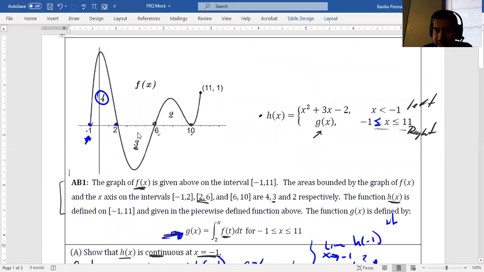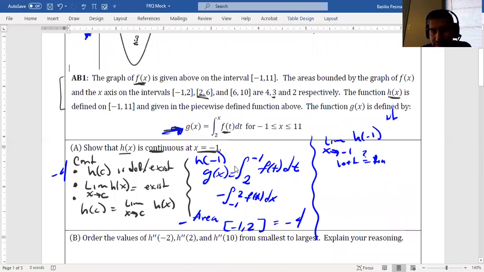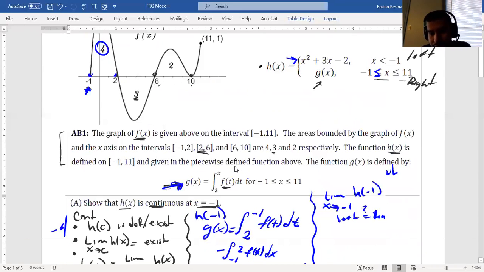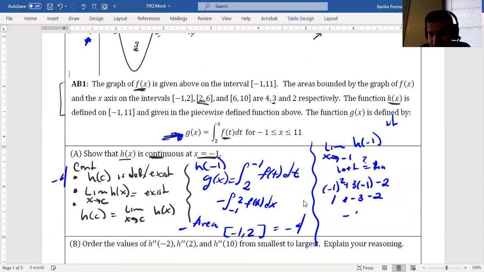So on the left, I checked this out, and the left here, at -1, is this function right here, x squared plus 3x minus 2. So the left is going to be, substitute the -1, square it, plus 3 times -1, minus 2. So I got 1 minus 3 minus 2, so 1 minus 5, which gives me -4 for the left.